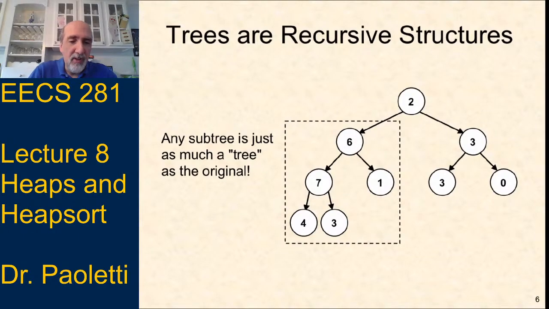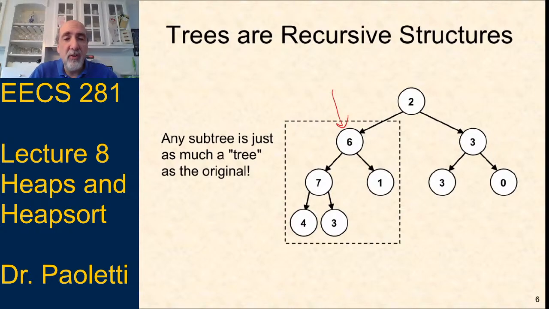Now, we've got a few more definitions before we make things more efficient. So a subtree is just as much a tree as the original tree. If I told you, hey, here's a pointer to 6, and that's all I gave you. Well, looking downward, everything that is a descendant of 6 is in the tree of which 6 is a root, or I should say the subtree of which 6 is the root.